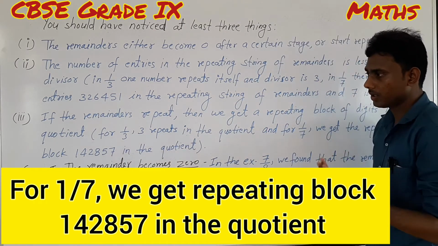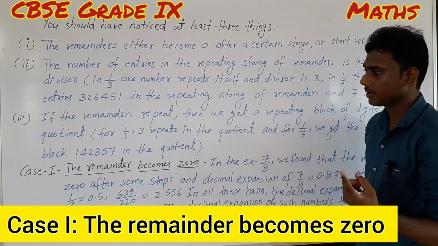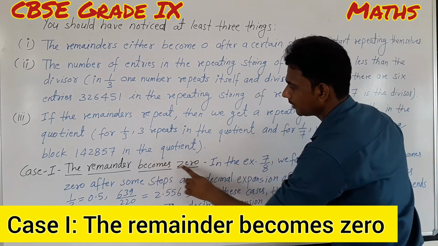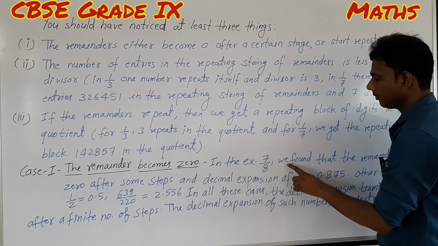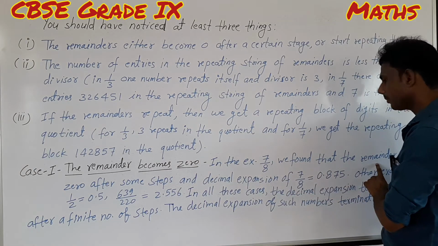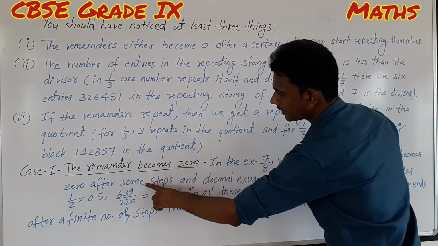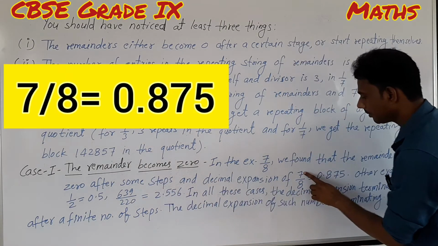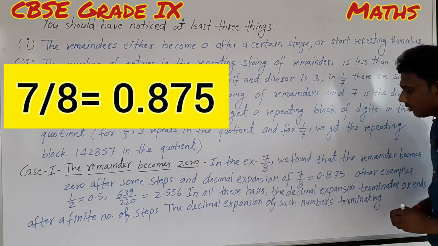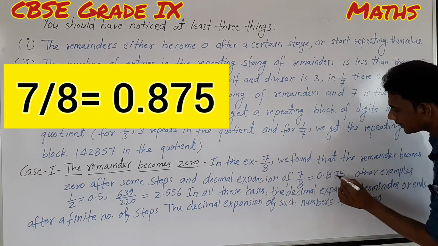So two cases arise. Case number 1, the remainder becomes 0. In the example 7 upon 8, we found that the remainder becomes 0 after some steps, and the decimal expansion of 7 upon 8 is equal to 0.875.